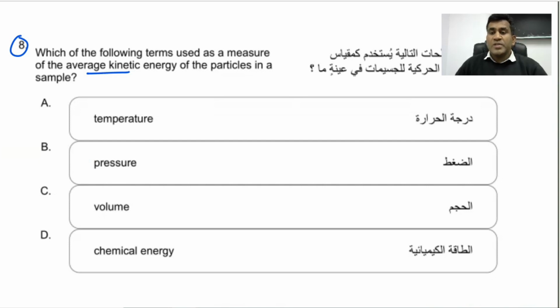If you continuously supply heat to it, the gas molecules inside the container move with more speed in more random directions. So we can say their average kinetic energy is increasing. Kinetic energy increases by increasing the temperature of the system. So the average kinetic energy of the particles in a sample increases as its temperature increases. So we should go with A as the choice here.